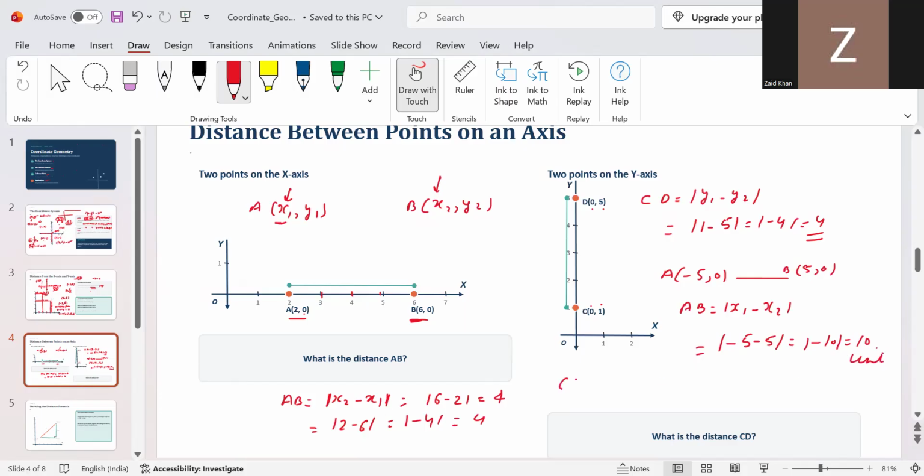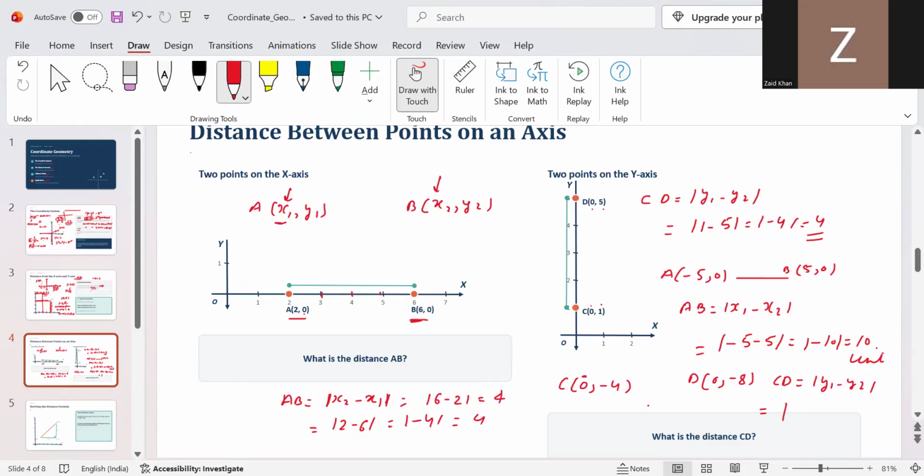Now, suppose C is 0, minus 4 and D is 0, minus 8. On which axis do they lie? Sir, the x coordinate is 0, so they lie on the y-axis. So the distance of CD will be y1 minus y2. Please make sure it is y1 minus y2, not x1 minus x2, because they lie on the y-axis.